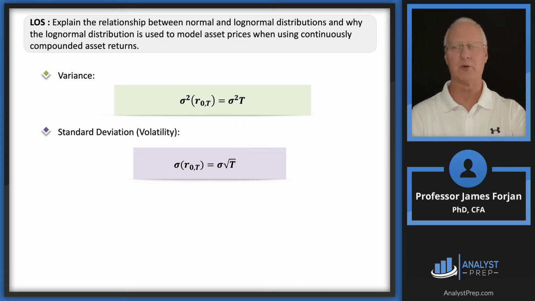And then if you take the square root of both of those, you get sigma times the square root of t. Let me tell you just a quick story. When I was at a conference in Chicago, years and years ago, with a bunch of college professors, we talk to each other and discuss our research. And we were talking about the Black-Scholes-Merton option pricing model, and whether stock returns follow a normal distribution and whether stock prices follow a log normal distribution.